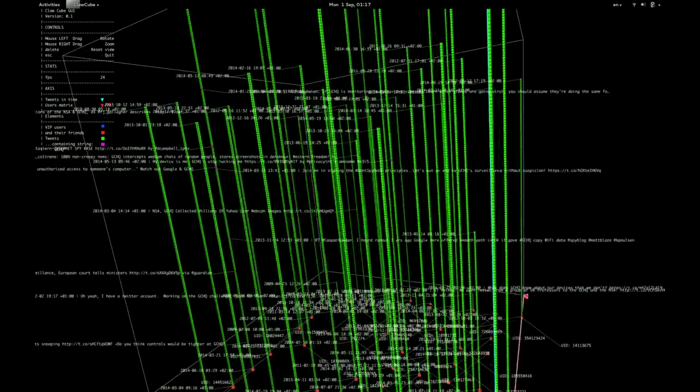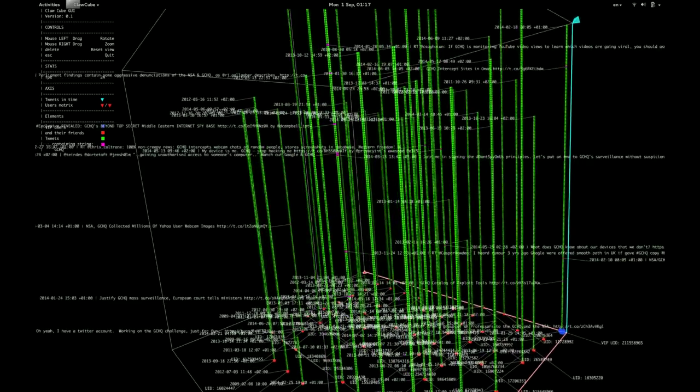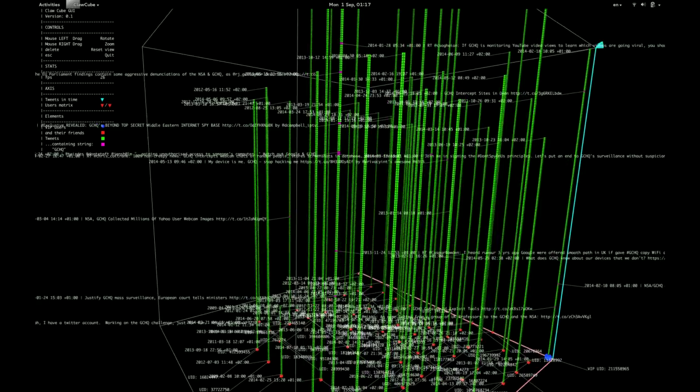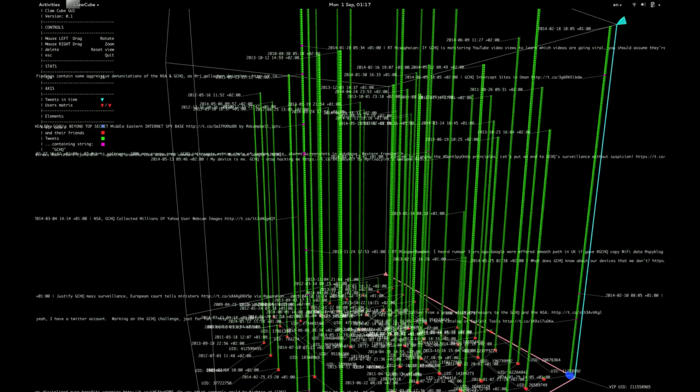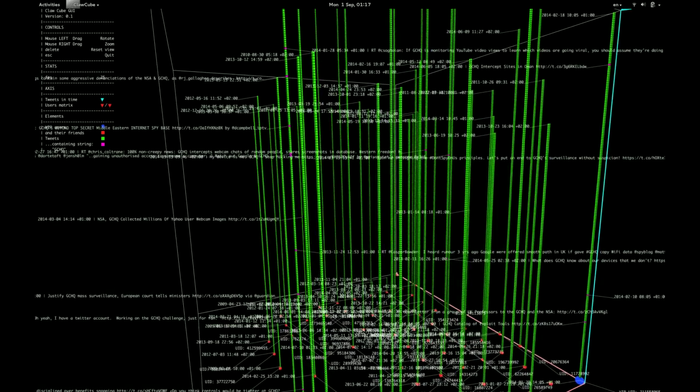We also added some space between the columns of tweets. So now it's more clear that the blue ball is Bruce Schneier and his tweets.